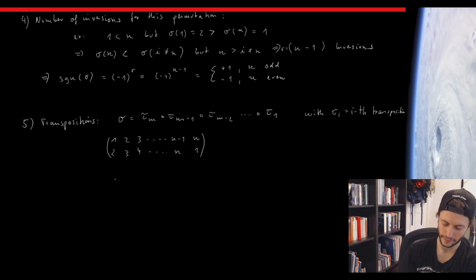For example, let's say we start with tau 1 being the transposition changing 1 and 2. We want to get the 2 over here. So 1 becomes a 2, and then we unfortunately get the 1 over here.